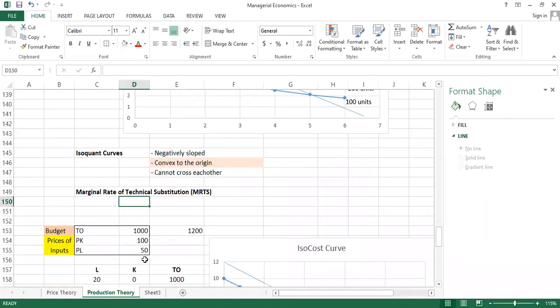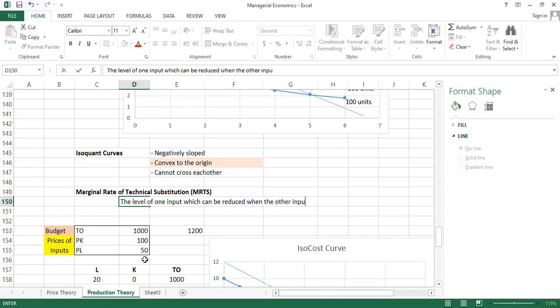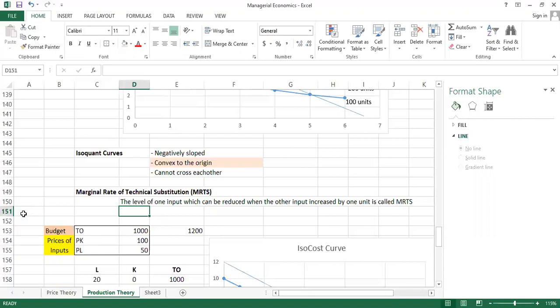And the marginal rate of technical substitution gradually diminishes. MRTS gradually diminishes.